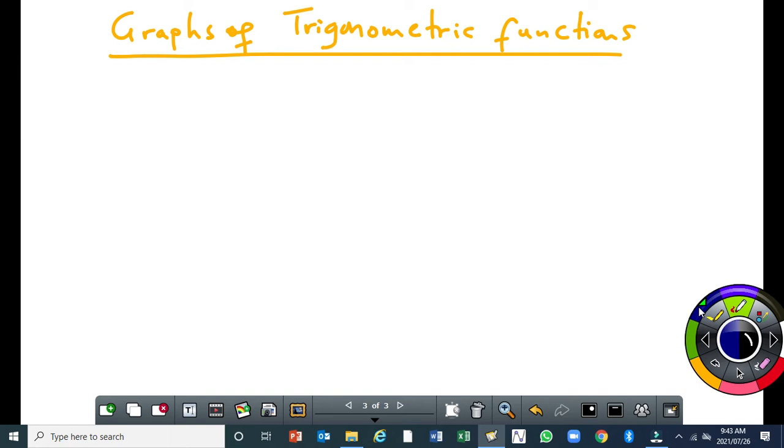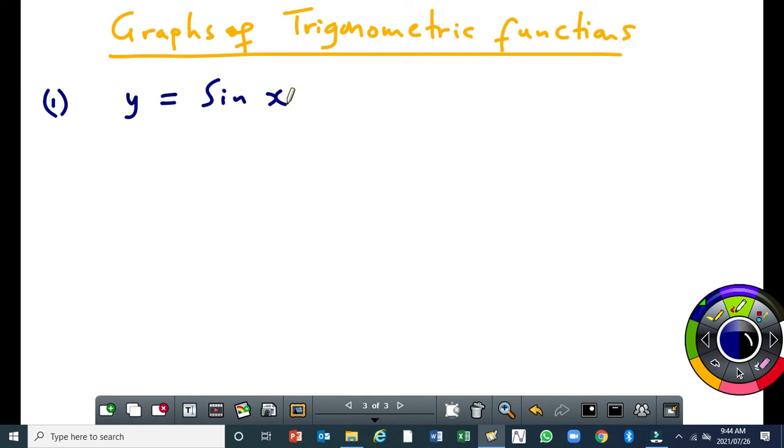And the basic graph is y equal to sine x. I'm going to use x instead of theta. So we'll start with, I'll call it number 1, y equal to sine x. That's our graph. I can write that as f of x equal to sine x. But for now, I'm going to start by writing the dependent variable as y. Later, I'm going to replace the y by the function notation.